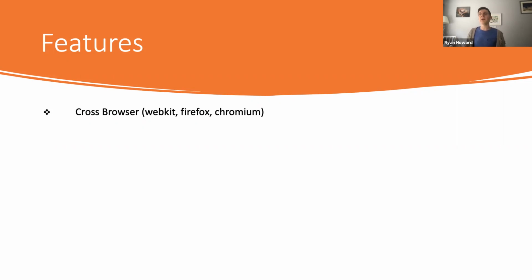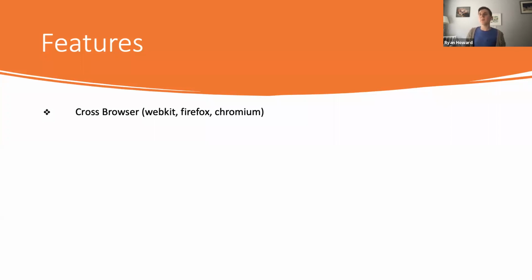So you don't have to have browsers installed on your machine. If you want to run your tests against WebKit, you can just run them against WebKit, regardless of whether you're using Mac, Linux, or a Windows machine. Once you've installed Playwright, you have the ability to run against these drivers.